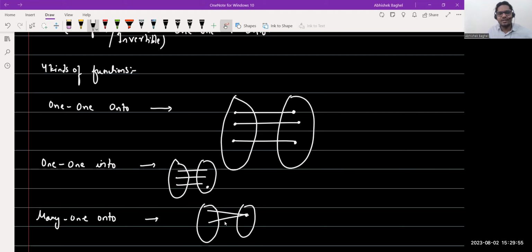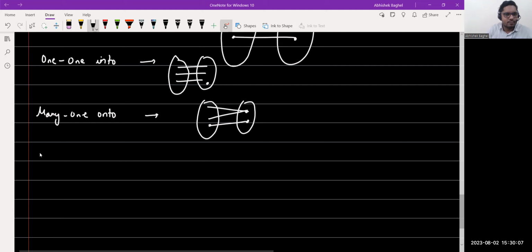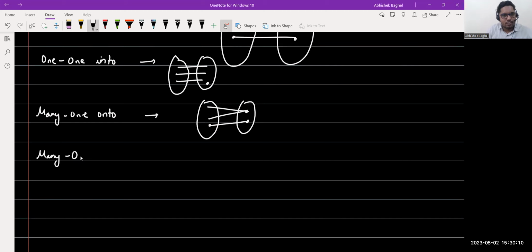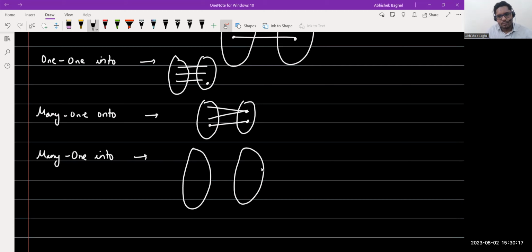Two elements get related with the same image basically, and onto, all elements of side B get related. And the last one, many-one into. At least one element gets unrelated. So this is many-one and into.